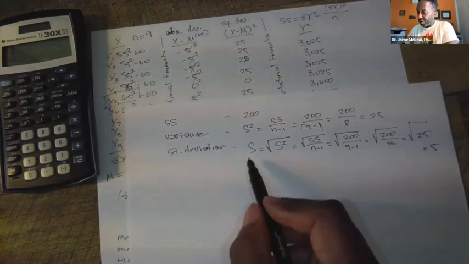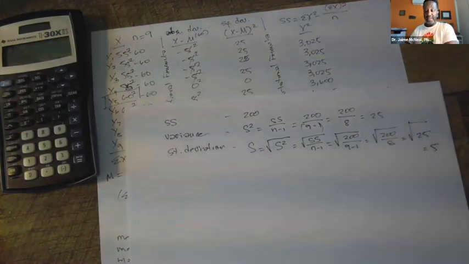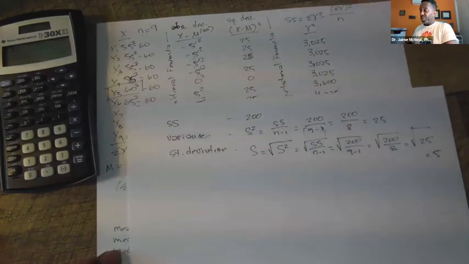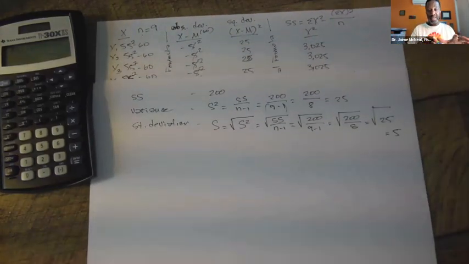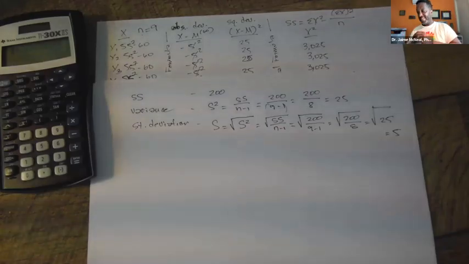So I'm showing you what's really happening. All right, so that's how we reduce the data from its raw form all the way to the standard deviation.